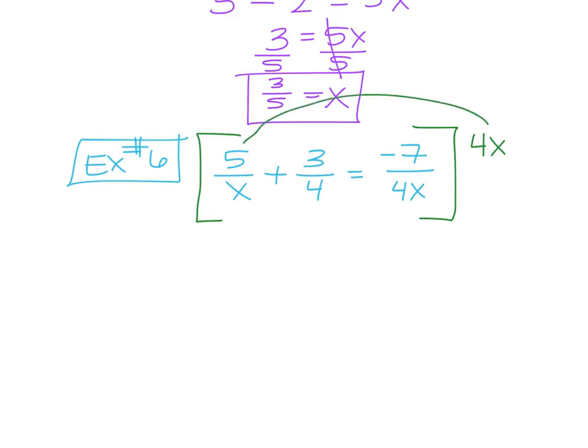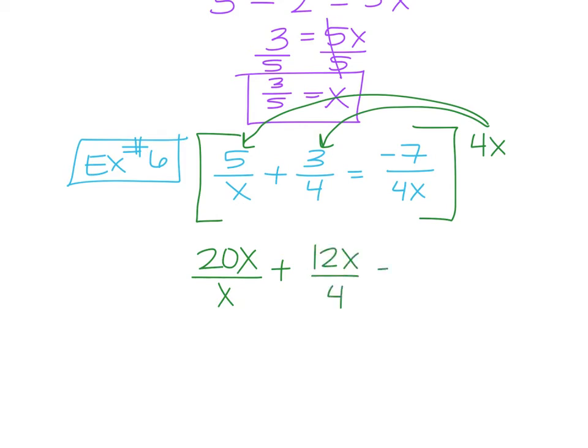So this becomes what? 20x over x. Then go here. 12x over 4. And then here. Negative 28x over 4x. Now here's the thing.